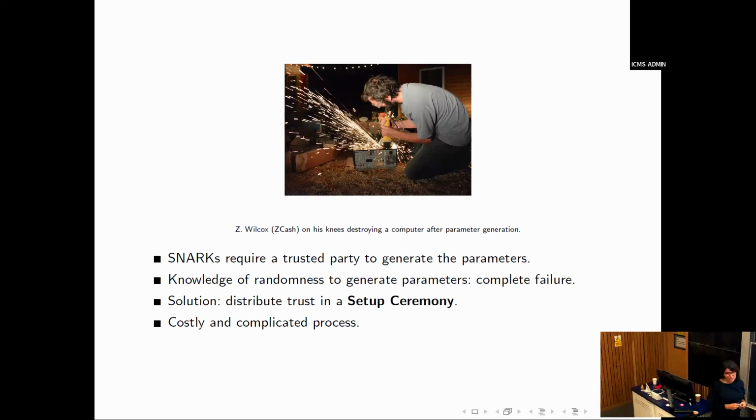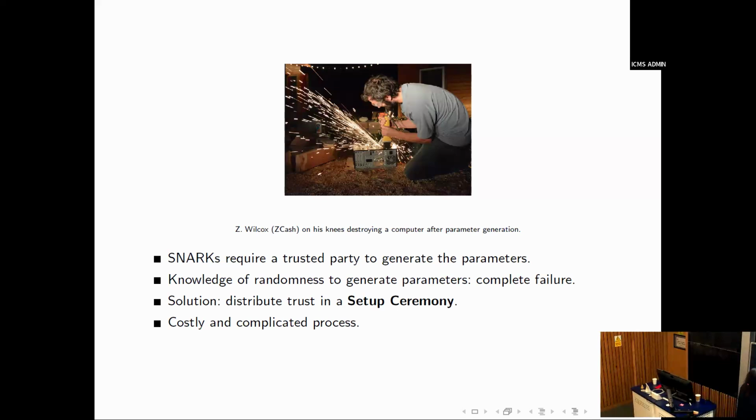This is a famous image from Zcash, the first time they generated the parameters they needed for their system. The founder was destroying the laptop to make sure nobody knew the trapdoor. It was a multi-party ceremony.